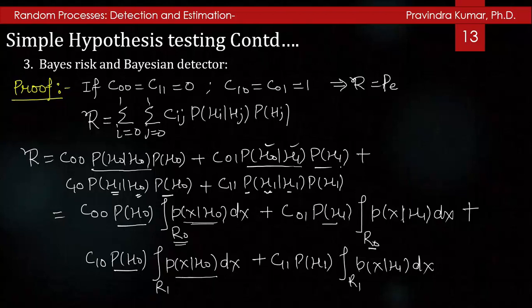Here you have decided H1, so the integration will be in the critical region R1, and the PDF under hypothesis H1, P(x|H1) dx.